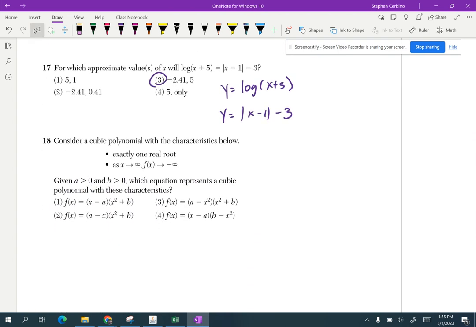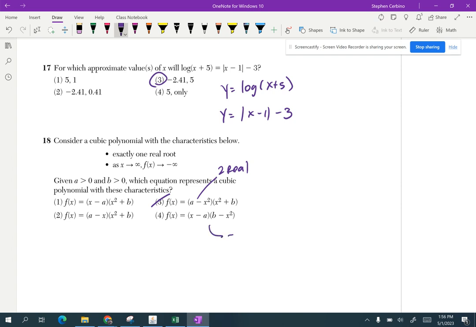Number 18 was kind of a tough question because it didn't give us numbers. It gave us variables A and B. So we have to really understand our rules here. All right, so exactly one real root. First off, we need to look at the real parts here and see which one gives us one real answer. So choice 3 would give us two real answers. So it can't be choice 3.